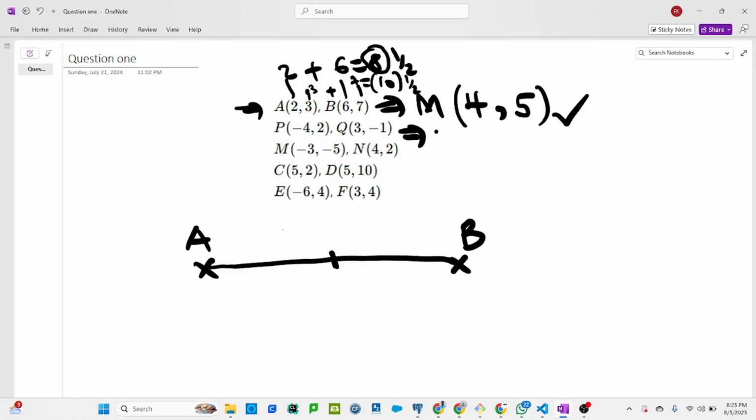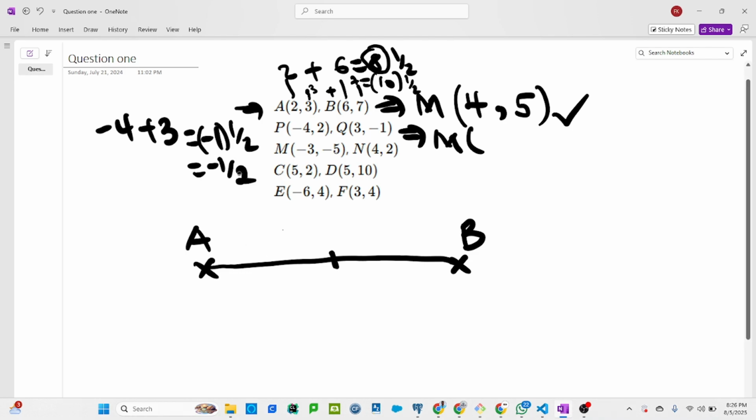So let me find the M for these two points. M is the middle point for these two. I'll take the x for P and the x for the other point. That's negative 4 plus 3. We do addition all the time. Negative 4 plus 3 will give me negative 1. And halving negative 1, we get negative half.